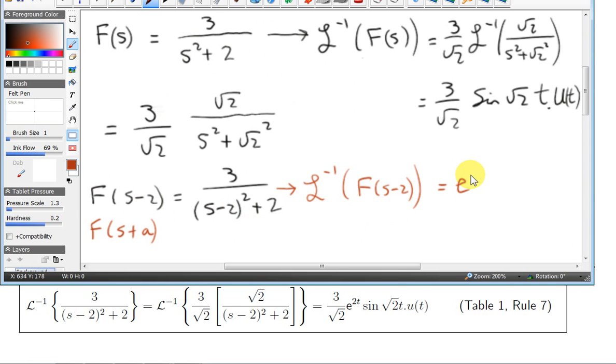So we're going to get e^(−at). So e^(−at), well, that's going to be e^(−(−2)t), or e^(+2t), and we know we have to multiply this by the inverse transform of big F(s), which is this here.